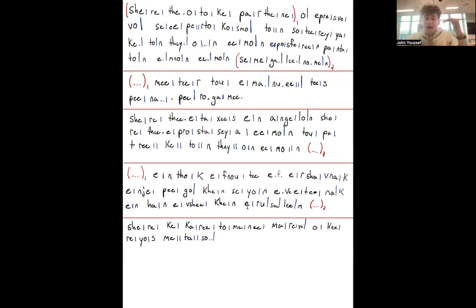Enhan evshvichen Jerusalem semegalinomen. Okay, so altogether the fourth verse is going to be Shere theotoke parthene en thokef note ve'er shavnak enje pigo chen seyon eve'etinak enhan evshvichen Jerusalem.